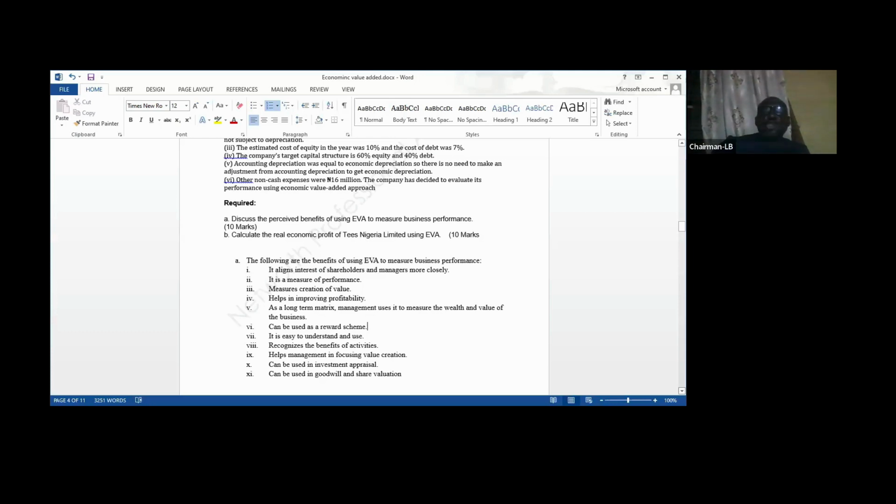It can be used for investment appraisal. We can also use it for share valuation. Please, when you get back, we can't tell if it's going to be tested, but please try to be able to write 5.